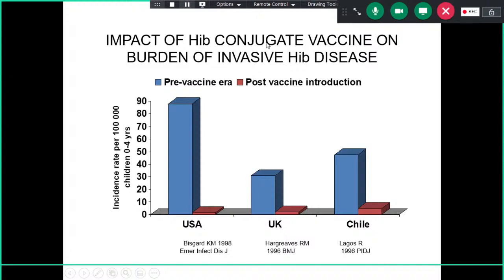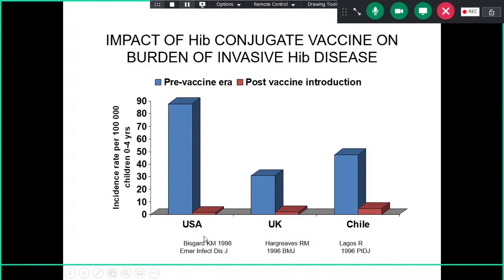This protein molecule can be tetanus toxoid or diphtheria toxin, etc. This conjugation makes the immune cells initiate T helper cell activity, and because of the T helper cell activity, this induces memory. This vaccine can be given in children below 18 months of age, and it is extremely effective.